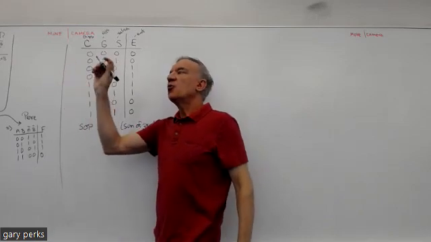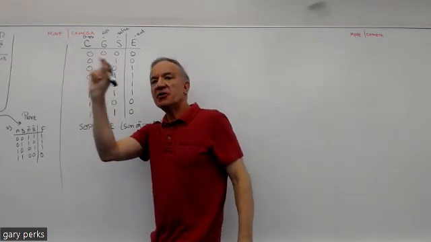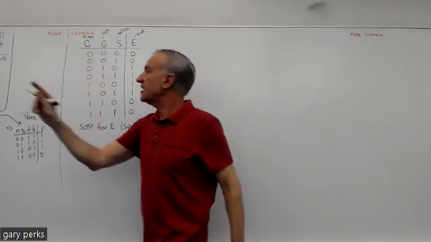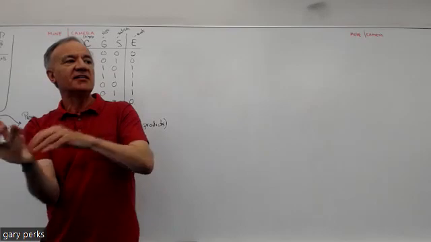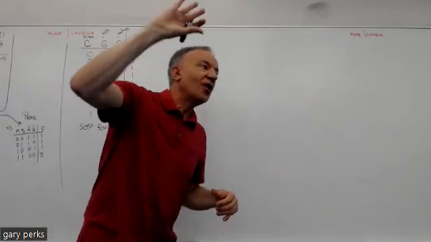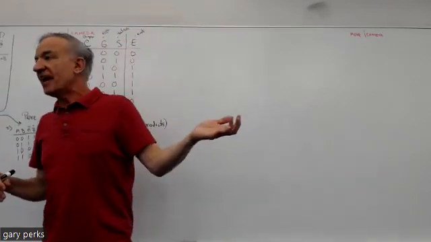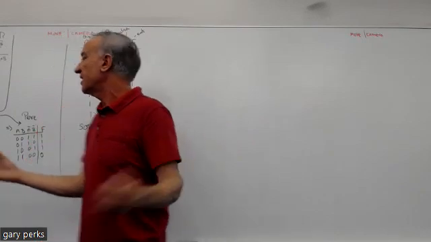When the variable is a 0, we put a bar over it, right? Because again, a bar in Boolean means opposite. So if the plain variable means 1, then the bar over the variable means not that variable, which is a 0.